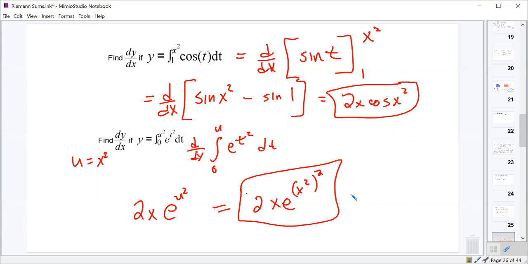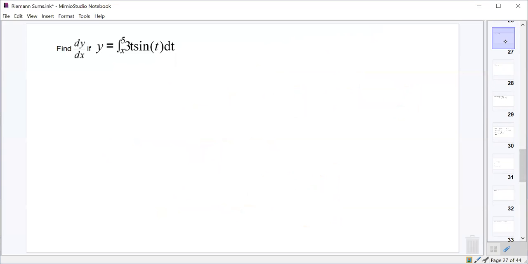All right, everybody, even with my inadequacies on algebra today, everybody good with that or no? All right, seems like you guys are doing better with it than I am. So what about this one, where we have an integral from x to 5 of 3t sine t dt?